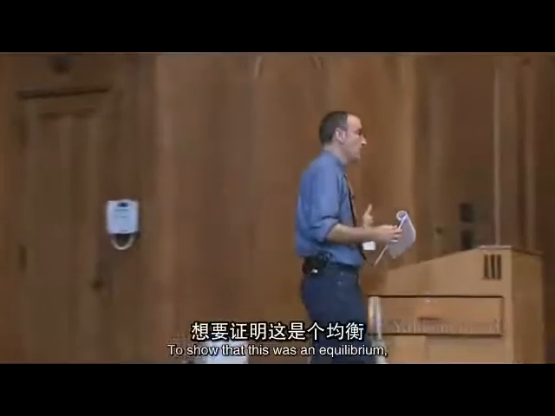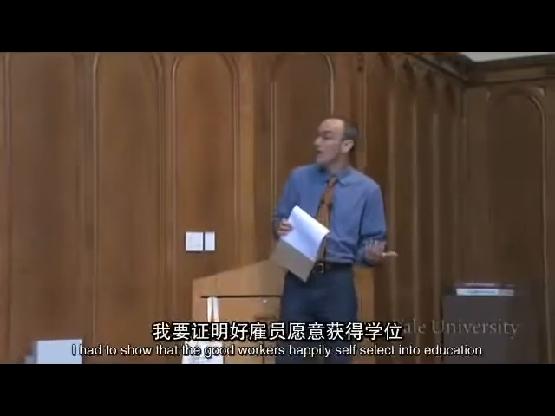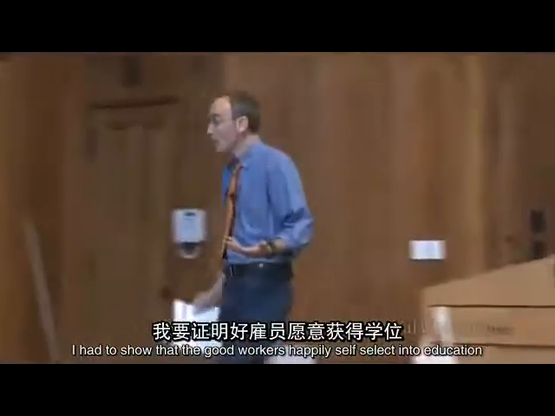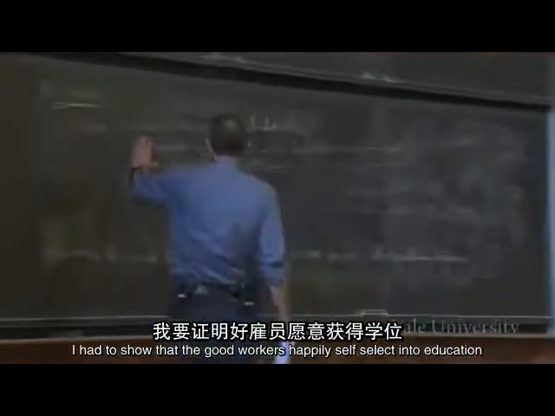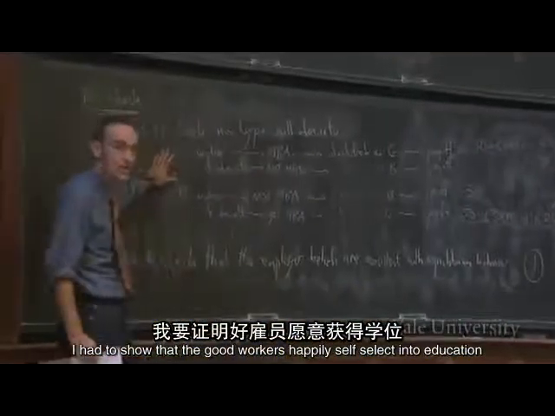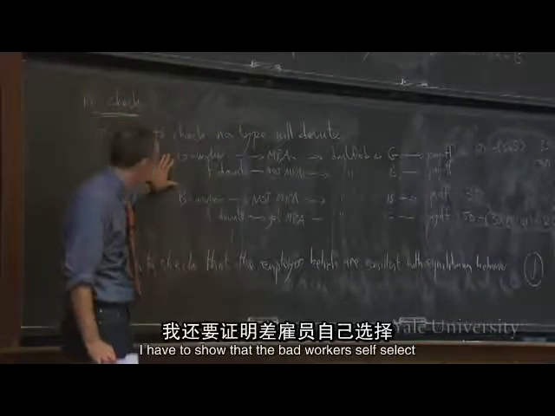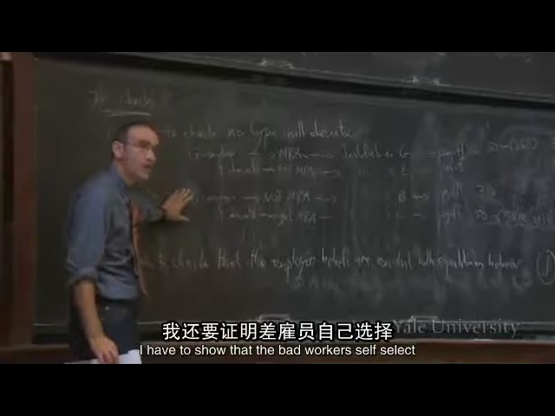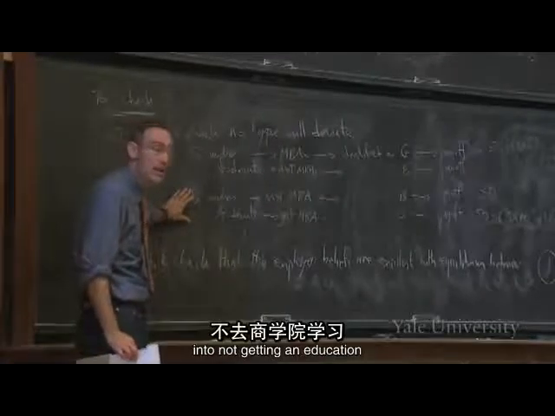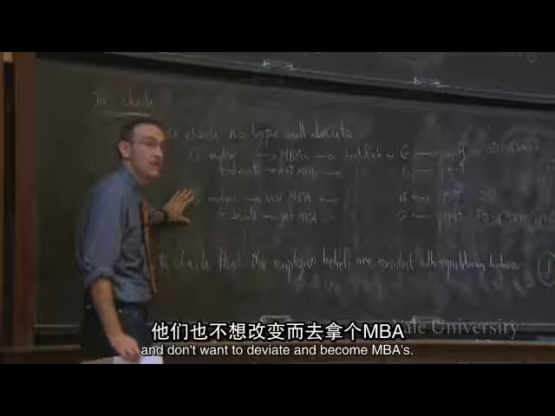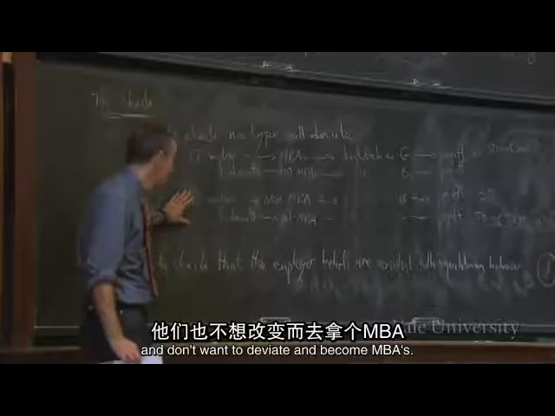So just to recap, to show that this was an equilibrium, I had to show that the good workers happily self-select into education and don't want to deviate and skip business school. I have to show that the bad workers self-select into not getting an education and don't want to deviate and become MBAs.